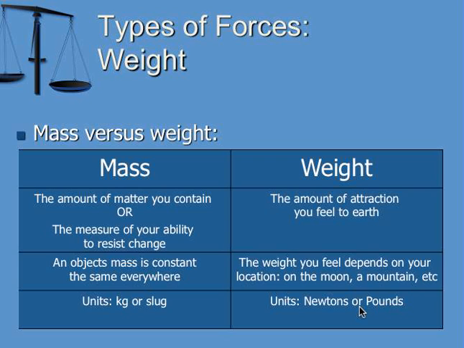You take an astronaut who has a mass of 65 kilograms on the Earth, and you put him in orbit, he still has a mass of 65 kilograms. You bring him to the moon, he still has a mass of 65 kilograms. That doesn't change wherever you go. Masses are always measured in kilograms or grams, and I suppose if you're using the English system, in slugs. But that's what mass is.